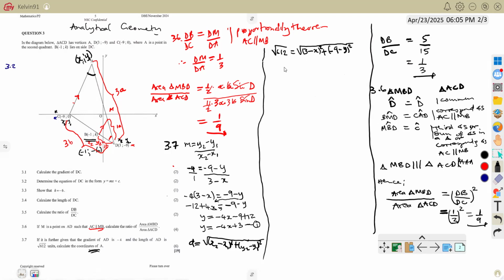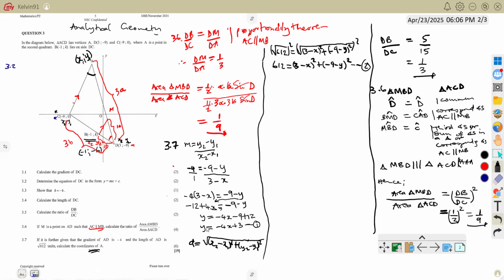We have to solve the equation, so we have to square both sides. Taking note of the radicals, if you square here, you are left with 612 being equal to 3 minus x squared plus minus 9 minus y squared. This becomes your equation 2.